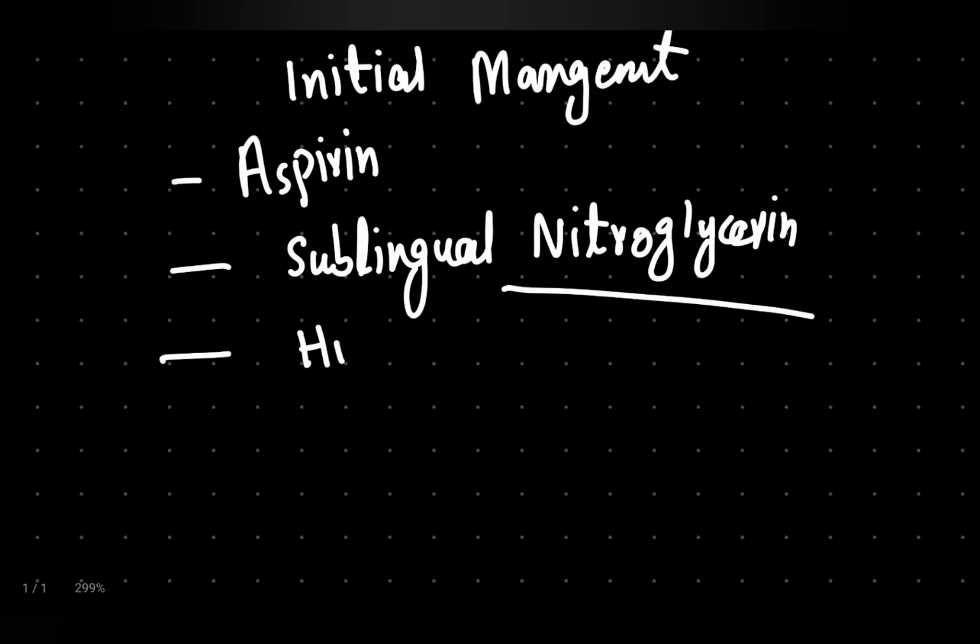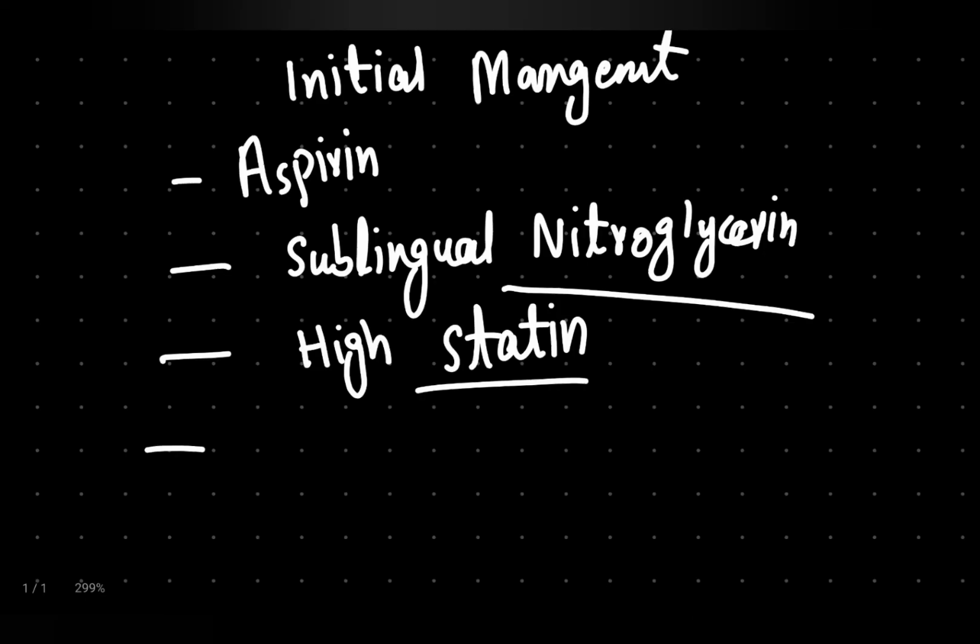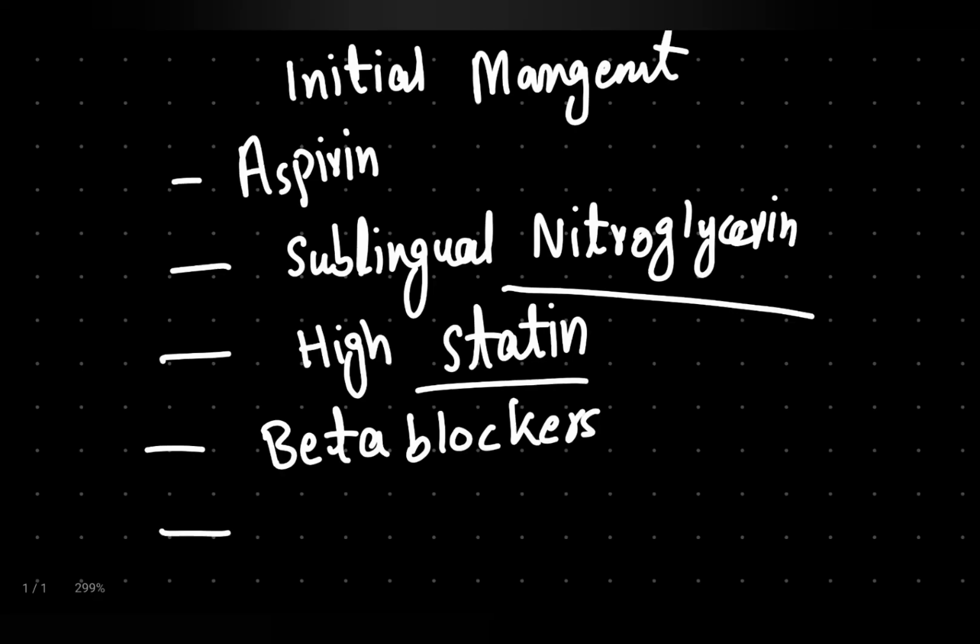We will provide high intensity statin, which stabilizes plaque. We will give beta blockers. If chest pain persists after this treatment, we will give IV morphine.